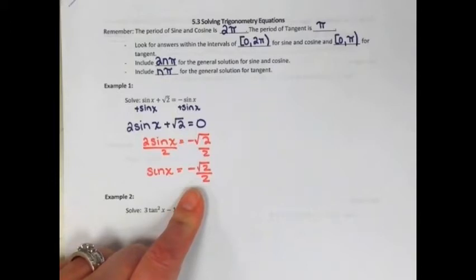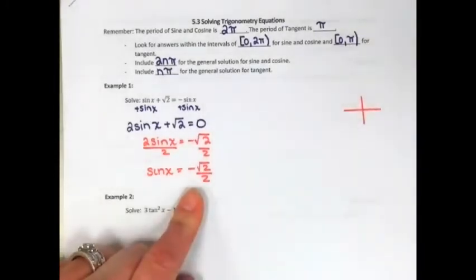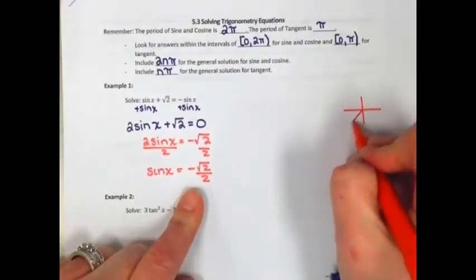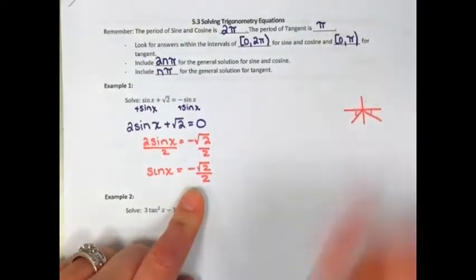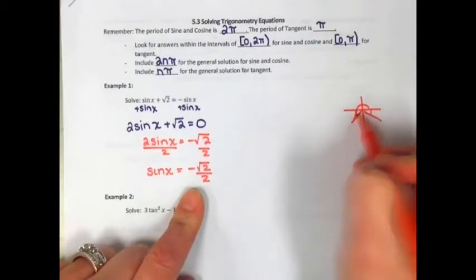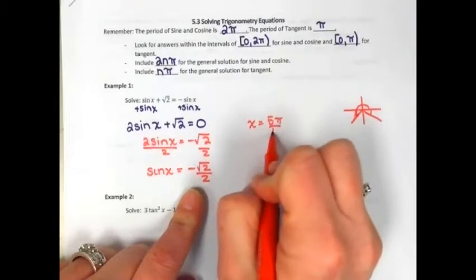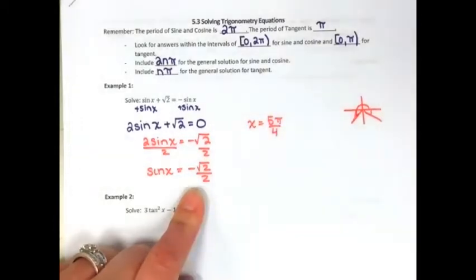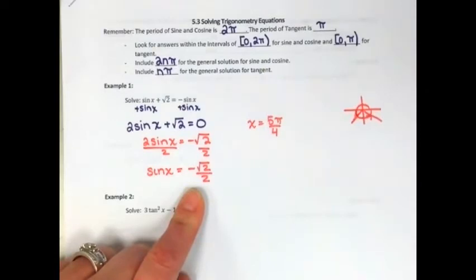Quadrant 3 and 4. So if we're looking at our coordinate plane, okay, our sine is going to be negative here and here, right? So where is this? This part here is what over 4? Isn't that 5 pi over 4? And where would it go all the way down to? Quadrant 4.